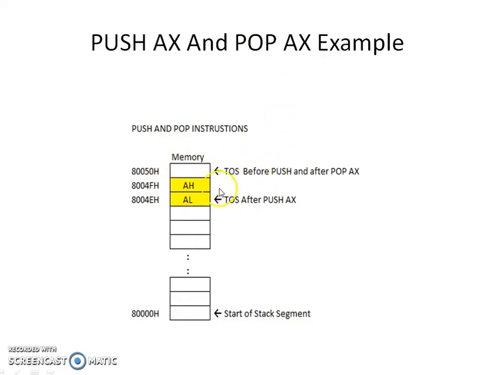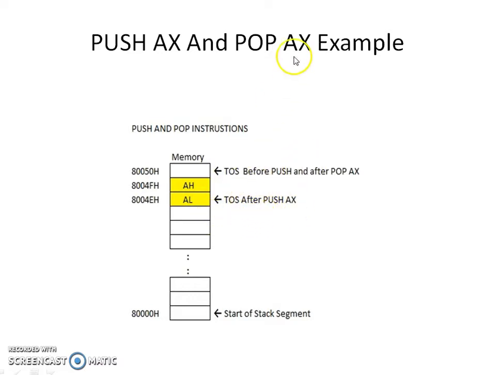Initially the top of the stack is pointing to the 8005 location, and if you push AX into the stack, first the SP contents get decremented by 1, and the top of the stack now points to the 4FH location, and AH contents get stored at this location. Next, again the stack pointer contents get decremented by 1, and now at 8004EH AL contents get stored at this location, and now the top of the stack is pointing here after the PUSH AX instruction.